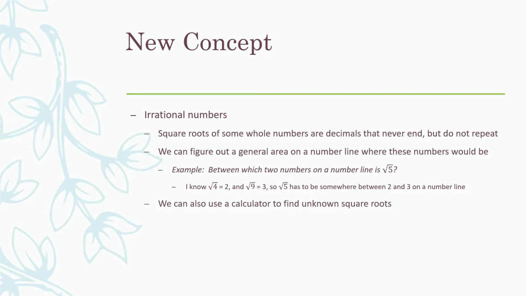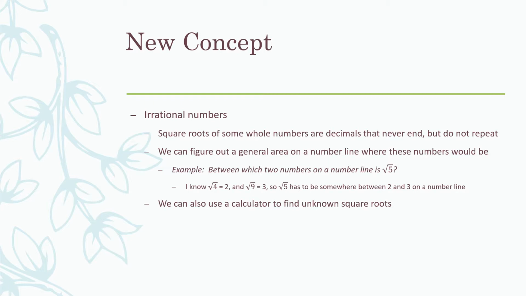We can also use a calculator to find unknown square roots. If you put in the square root of 5 in a calculator, you actually end up with, and I'm doing it right now, I'll read everything that shows up on my calculator here.